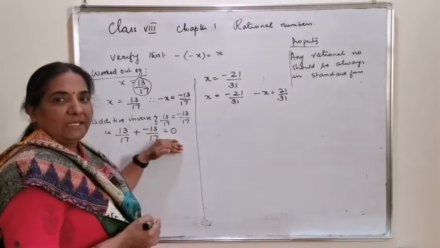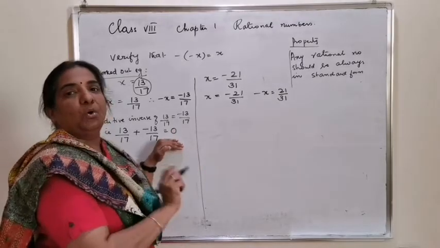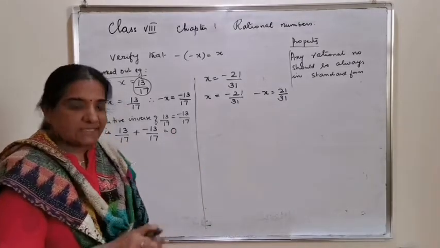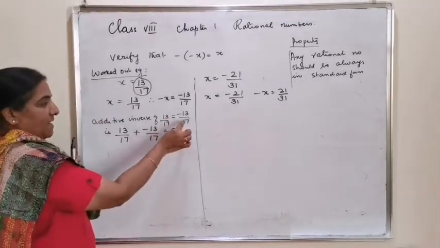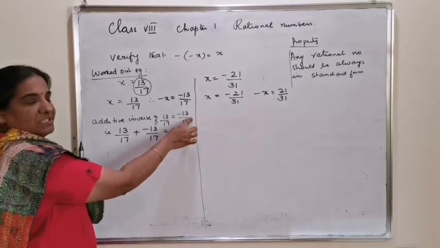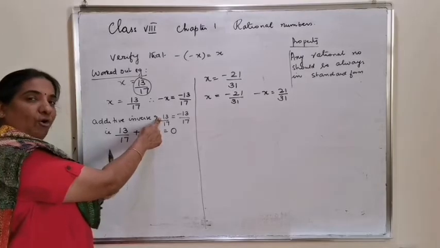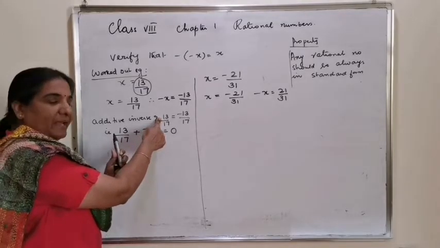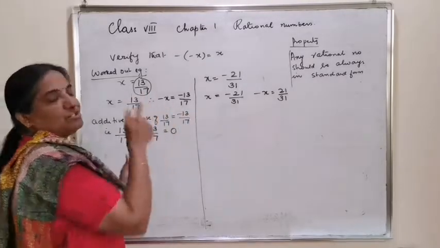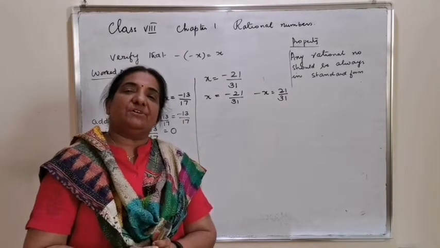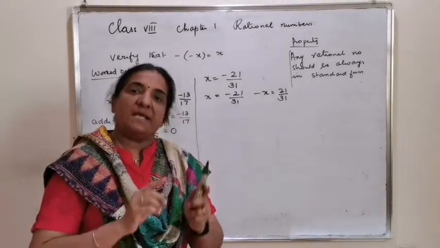This equality has one more explanation. You said minus 13 by 17 is the additive inverse of 13 by 17. Or in an opposite way, 13 by 17 is also the additive inverse of minus 13 by 17.